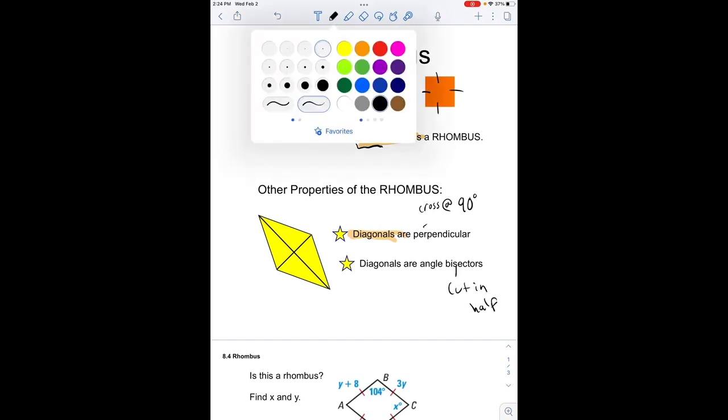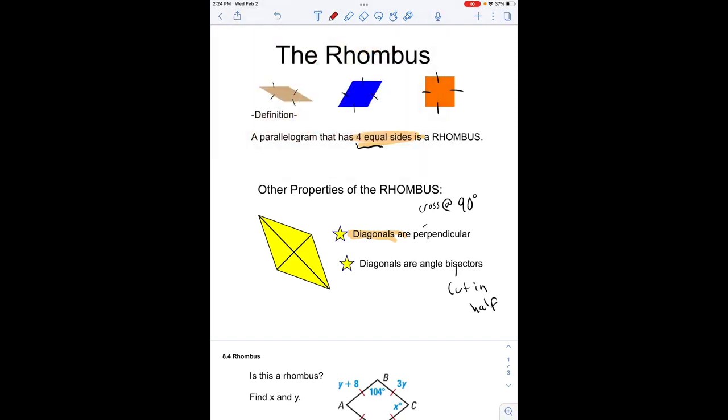So if we look at this example, our diagonals are perpendicular. That means this is going to create a right angle, so I've created a 90-degree angle with my 2 diagonals. I also have angle bisectors, which means this angle, call it angle 1, is congruent to angle 2.